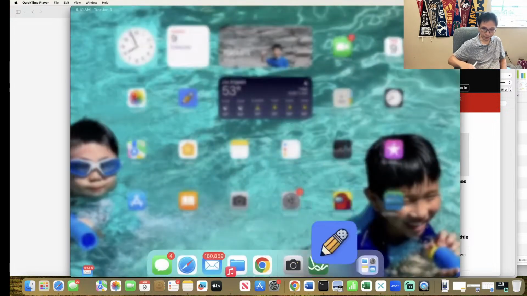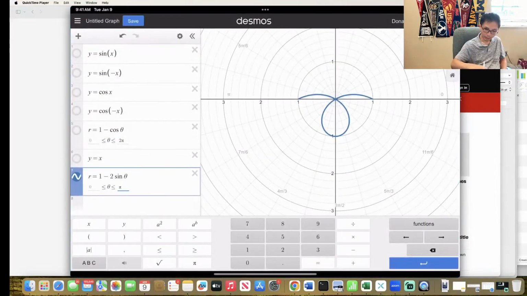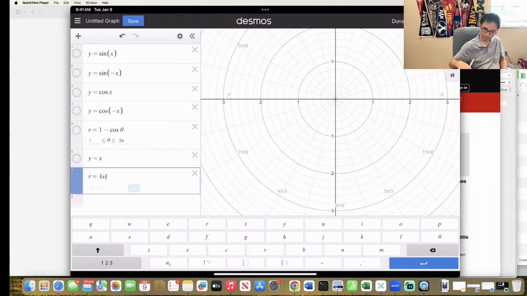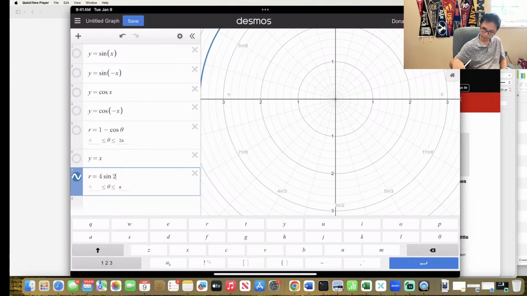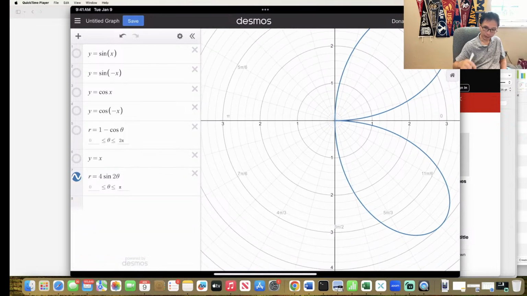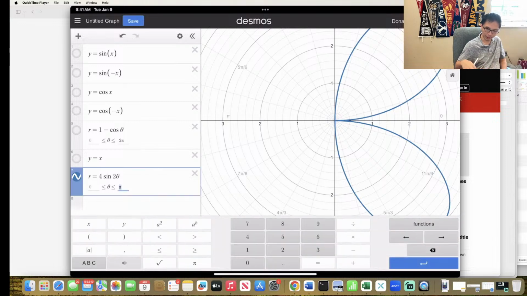But let's graph this. 4 sine 2 theta, right? See, they are symmetric to the y-axis, which is theta equal to pi over 2, because if you go to 2 pi, they will repeat themselves.